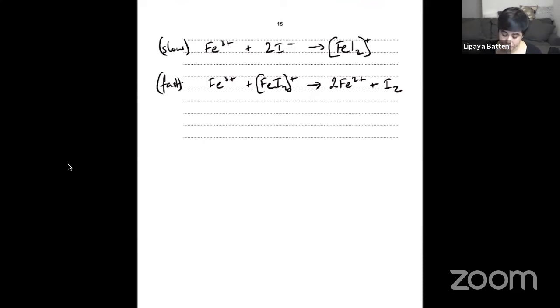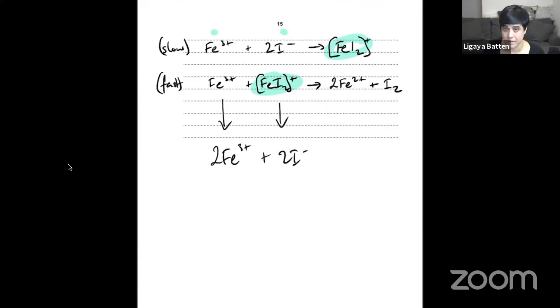So the key thing is that this intermediate could really be anything as long as it's feasibly produced from these first two reactants. But the most important thing is that when you add together these two reactants, you get 2Fe3+, and when you add together that, you get 2I-.